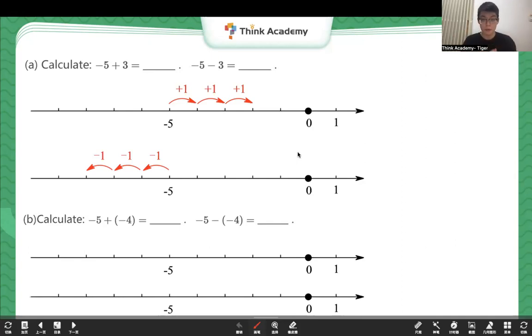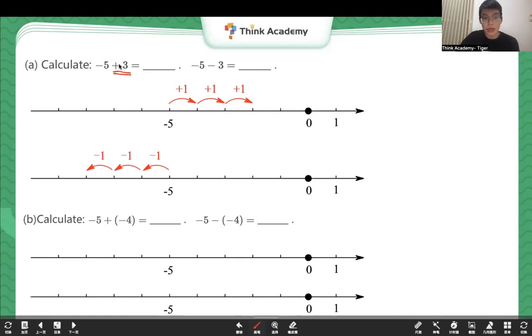So for example, negative 5, we know it's going to be 5 smaller than 0, yeah? And when we are adding 3 to a negative number, we know that whenever we are adding a number, it is going right on the number line, yeah?